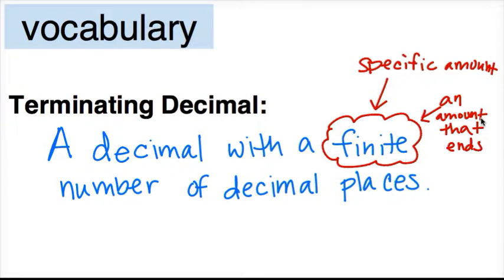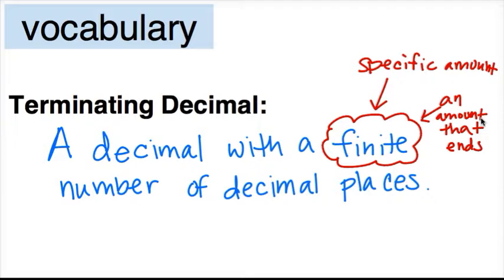So if I were to replace that word finite with an amount that ends, a specific amount, let's say the number 3. So if I replaced the word finite with 3, and I read it, a decimal with 3 decimal places.